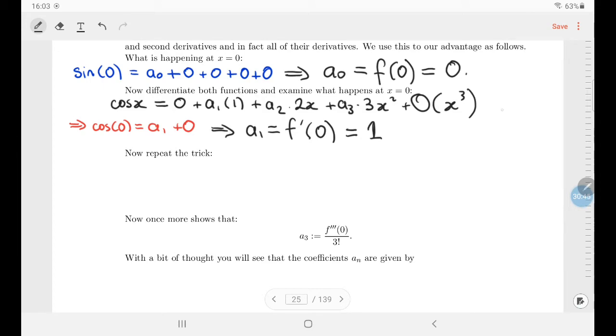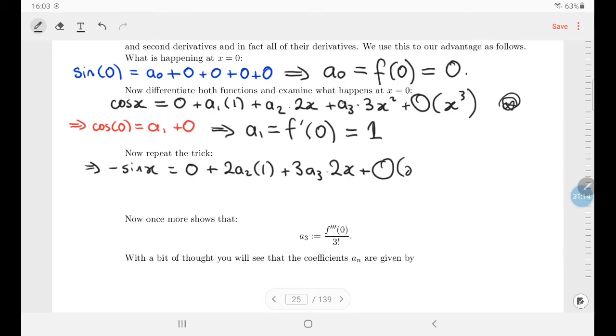So take this and differentiate both sides. You differentiate cos of x, you get minus sine of x. The derivative of a1 times 1 is 0, plus 2a2, and the derivative of x is 1, plus 3a3, and the derivative of x squared is 2x. And when you differentiate things that are less than a multiple of x cubed, they all come out to be multiples of x squared.